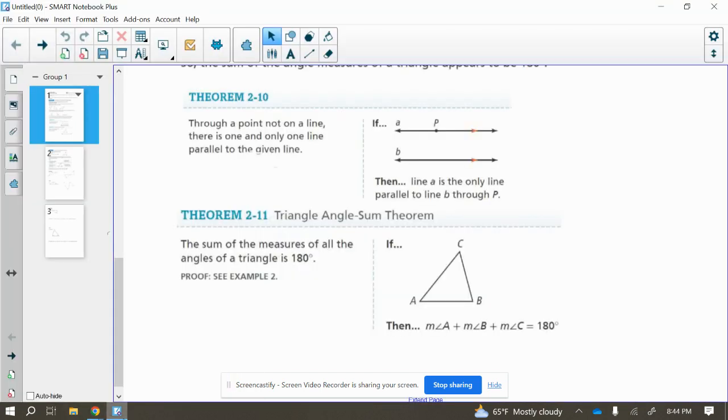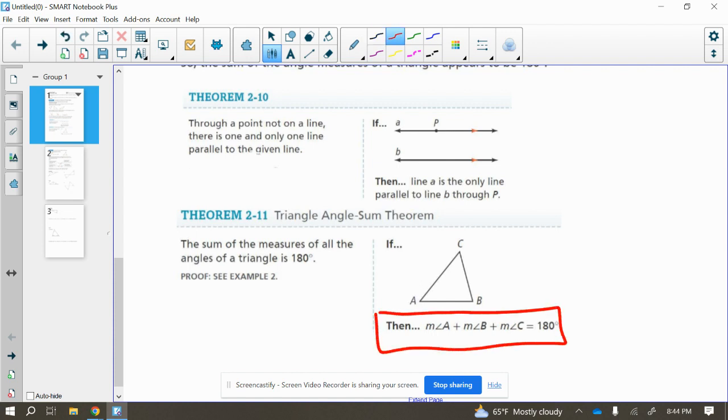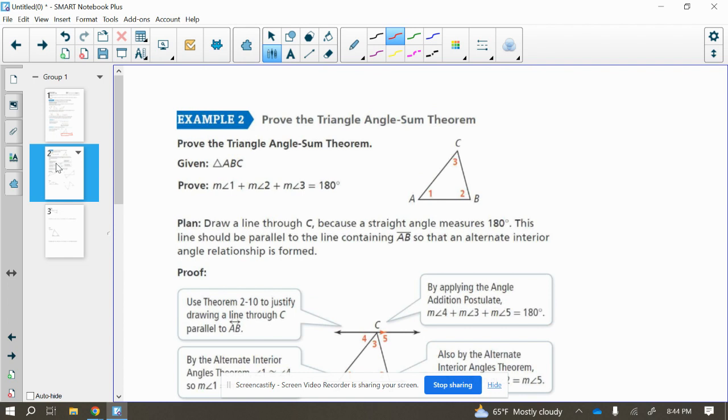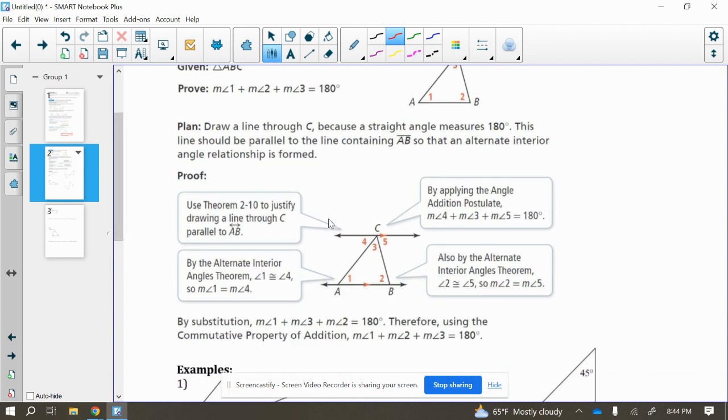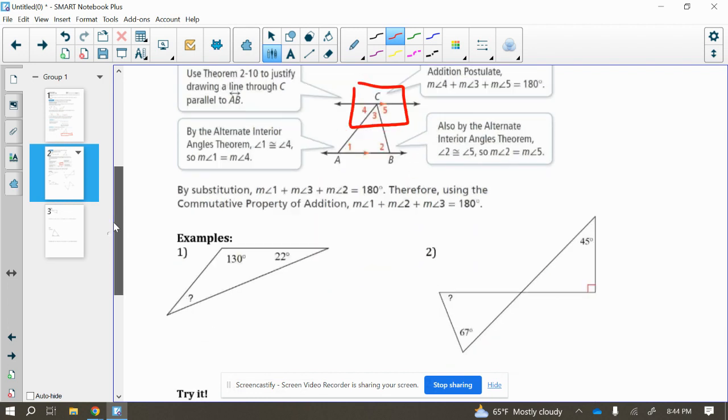So that's the big theorem of the day: your three interior angles are going to sum up in any triangle to be 180. This is going through the proof more visually, using those alternate interior angles to be congruent. We could show that they create that straight angle of 180 degrees.